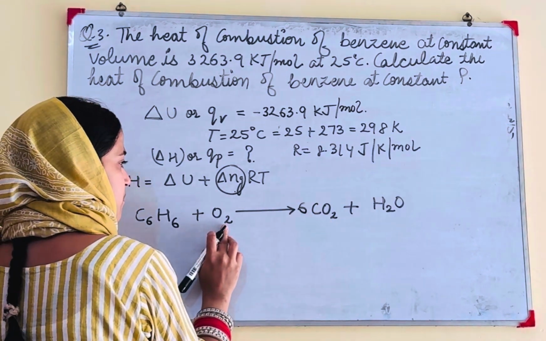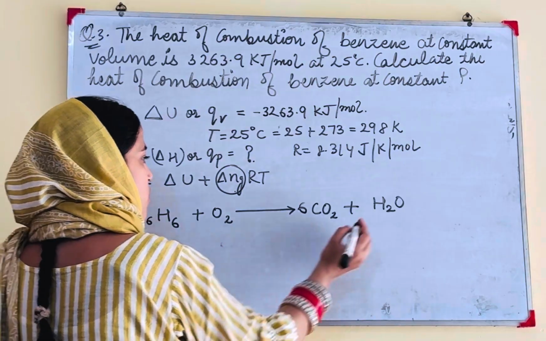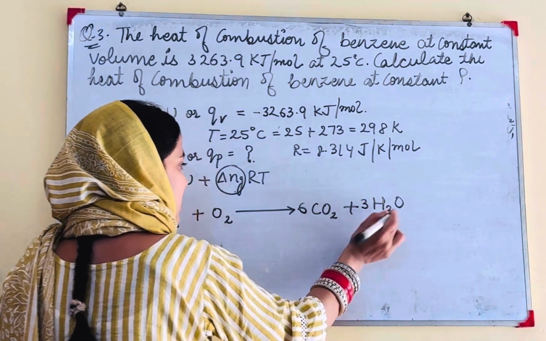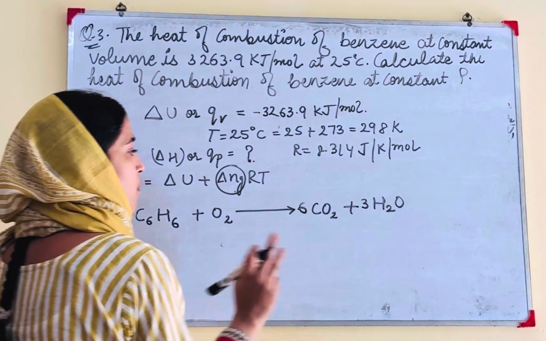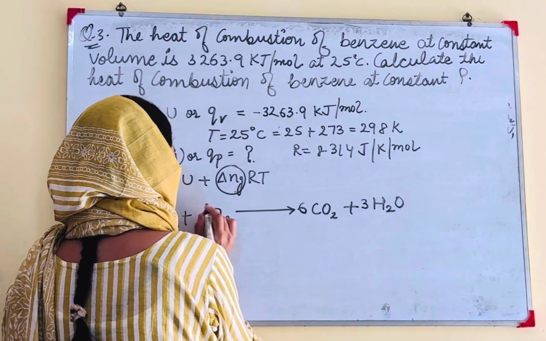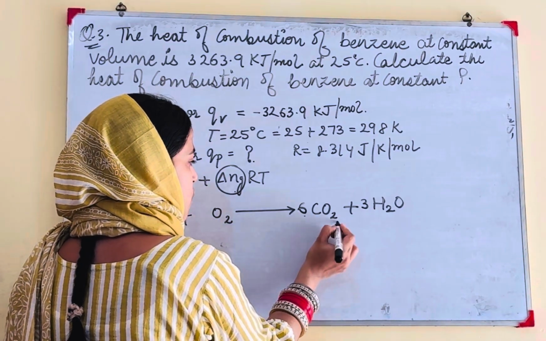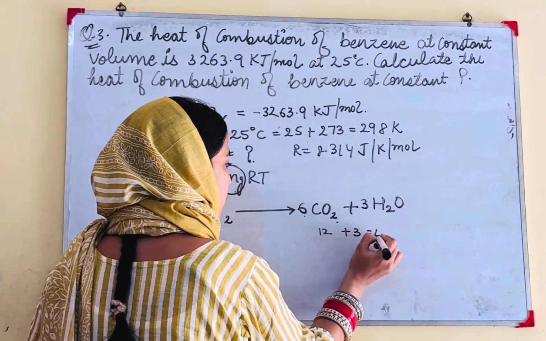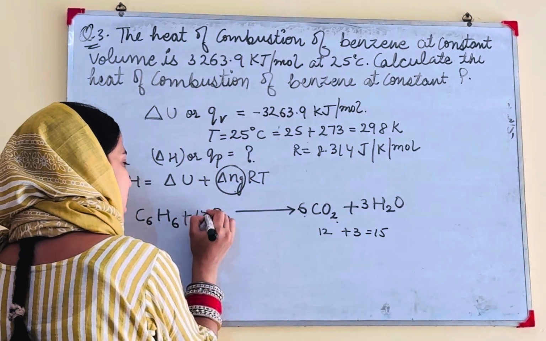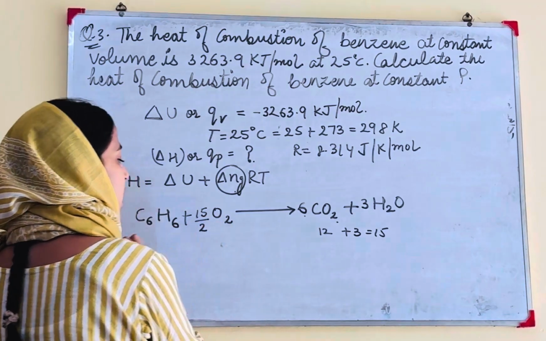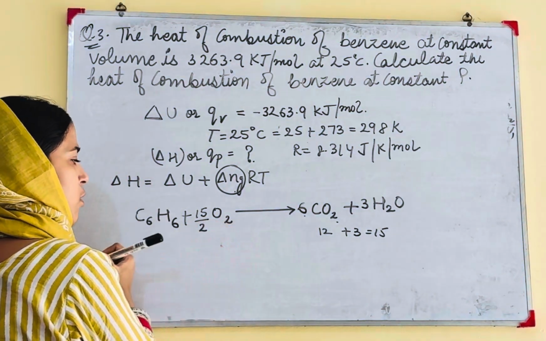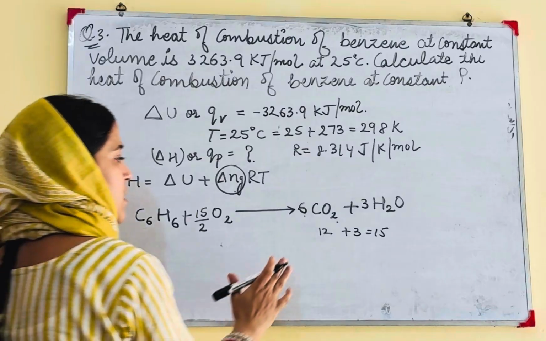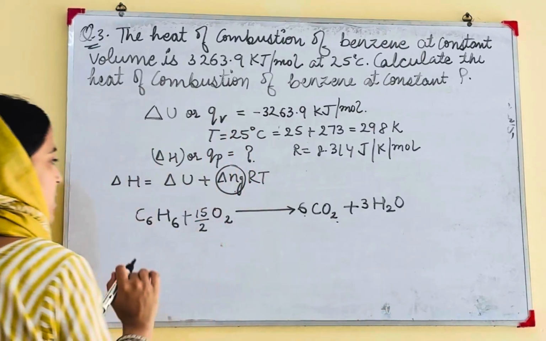Here are 6 hydrogen, so we can put 3 to the 6 hydrogen. Now we want to balance the oxygen. To balance oxygen, 6 to the 12, plus 3, 15. There are 15 oxygen. So we can write it as 15 divided by 2. This is a balanced equation.